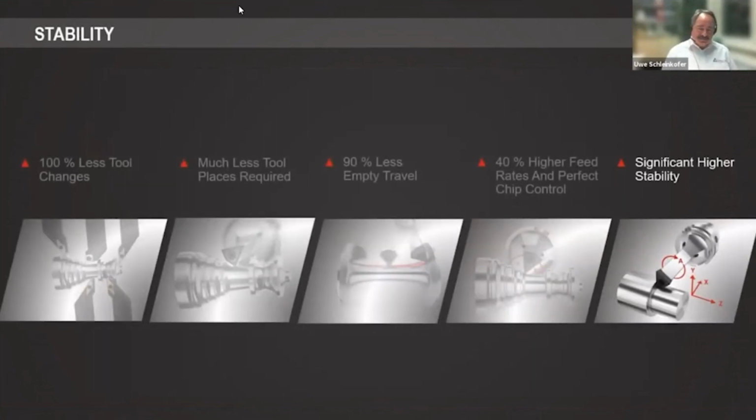So now we have another big advantage of this process and this idea, and this is called significantly higher stability, which is quite surprising when you look at the tool, because the tool is very long, is very slim, and it doesn't look like it is very stable.